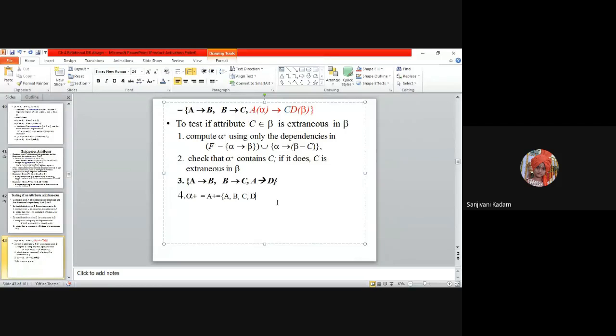Now this result has been done, and now we will check whether in this closure the C attribute is there. Check that alpha plus contains C. Yes, alpha plus contains C. C is a part of alpha, that is A plus. If it does, C is extraneous in beta.